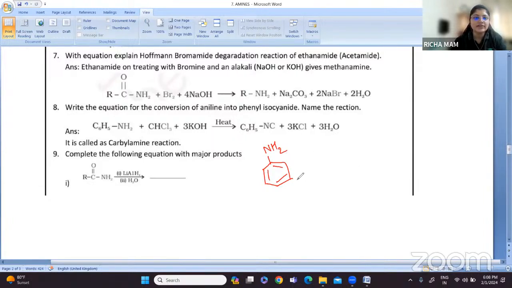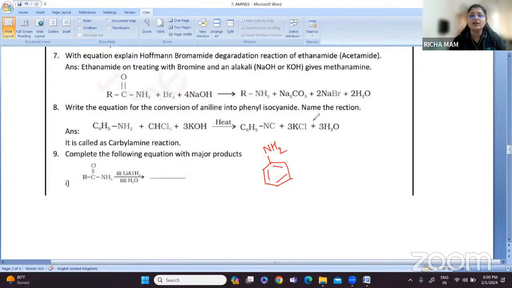When anilines are converted into isocyanides, this name reaction is nothing but our carbylamine reaction.